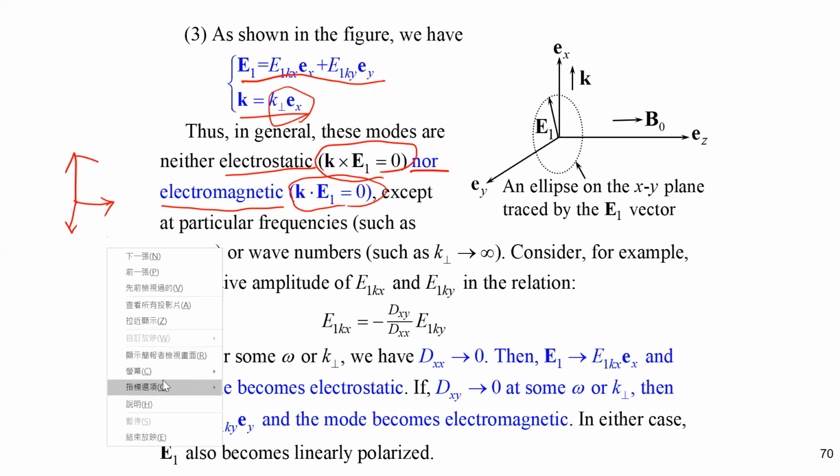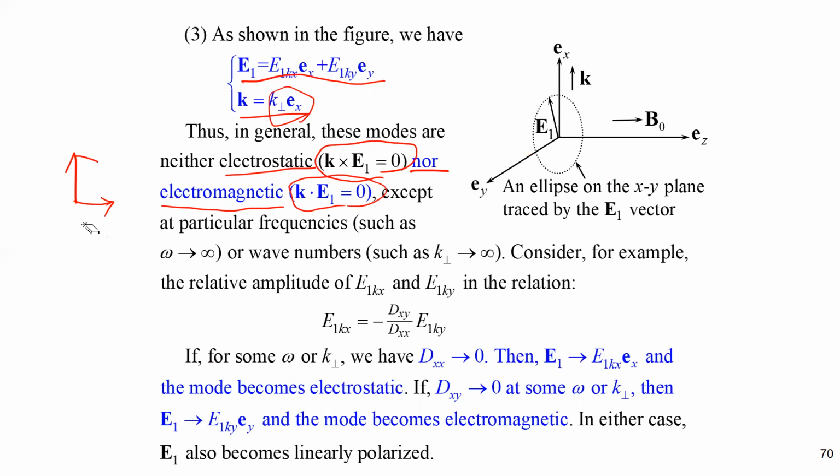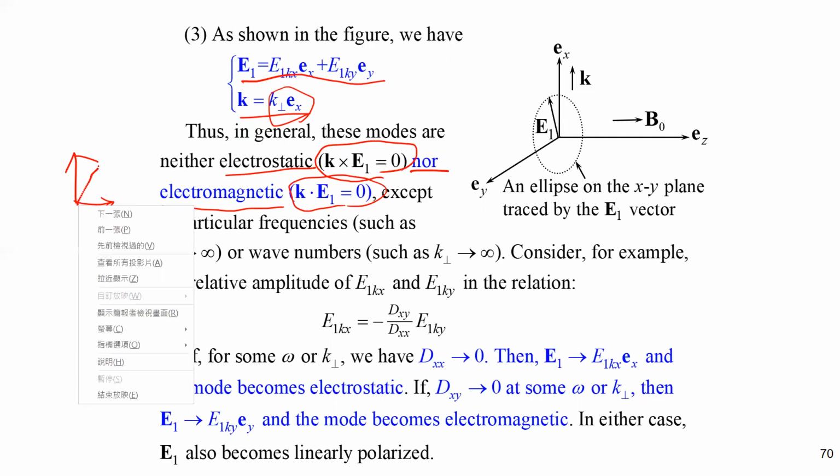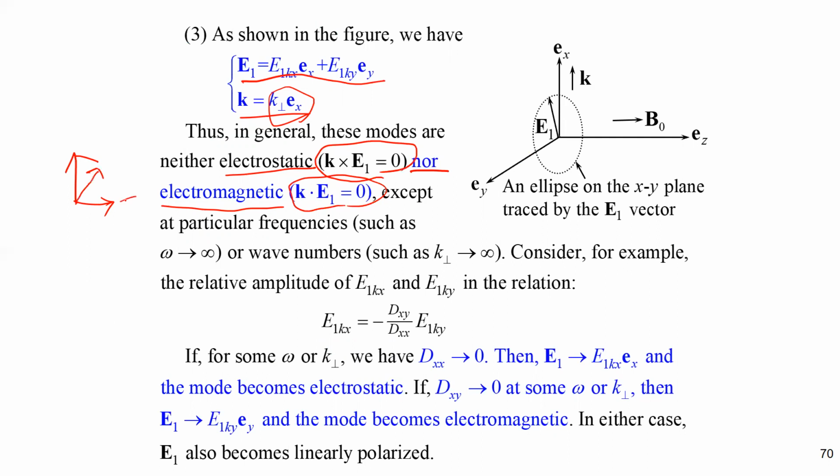Here we have the E field, the B field, and the Poynting vector, or k vector, the wave number. It's E cross B, actually E cross H. So it's not perfect.